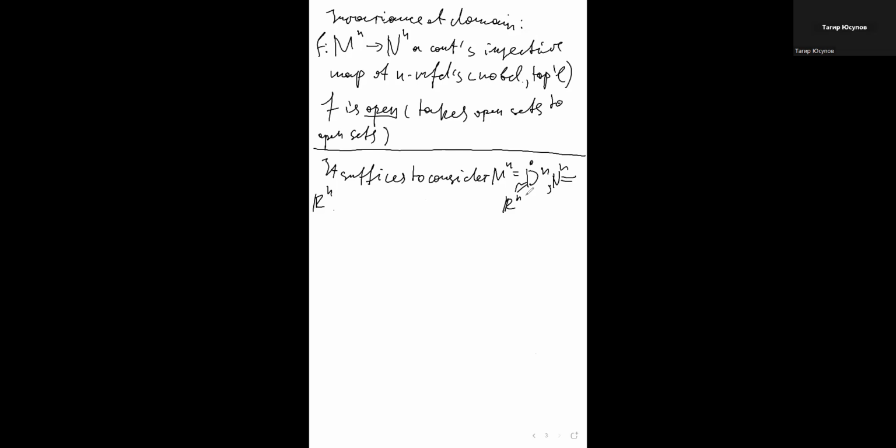In other words, I have a map from Rn to Rn, which is continuous and injective, and I need to show that this map is open.